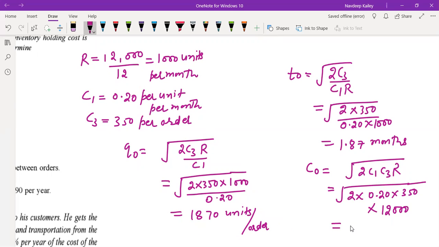After calculation, we will get it as 4490 per year.